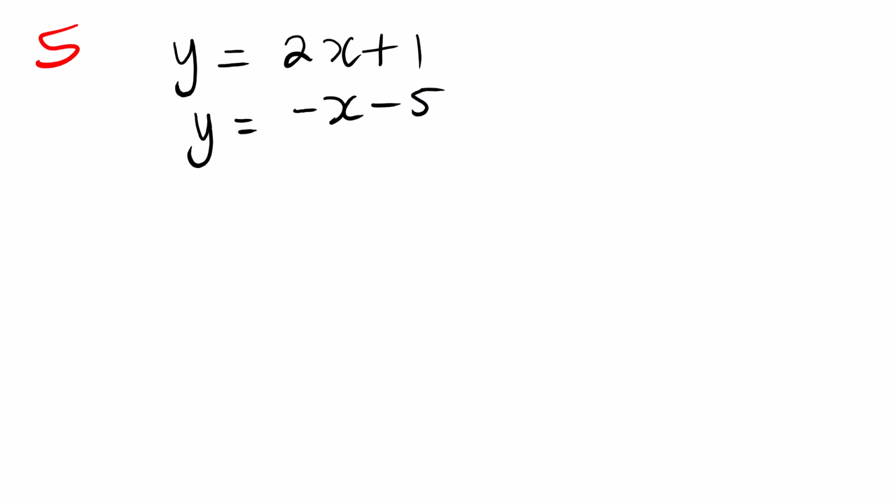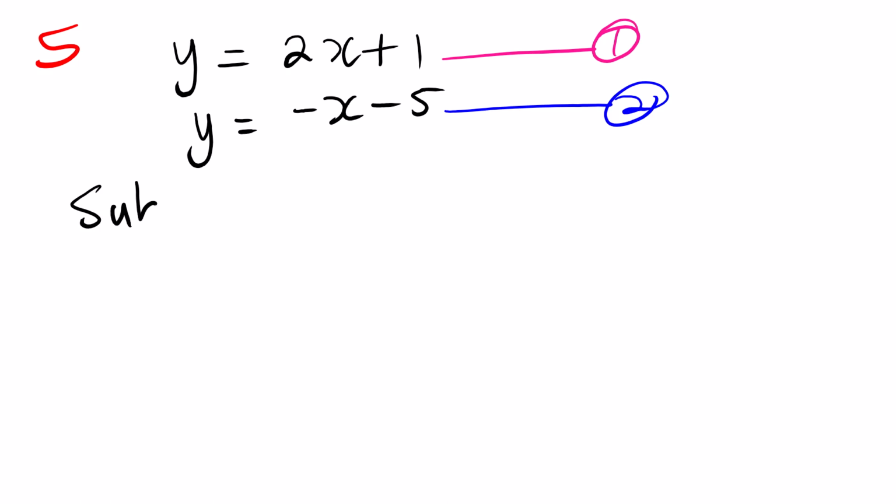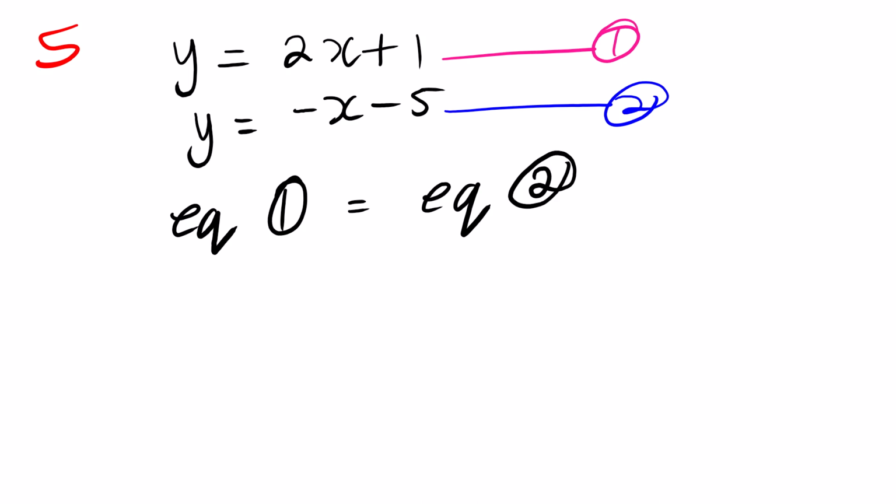Our next example, this is equation 1. This will be equation 2. Now, as you can see that both of these equations are equated to y. So it's simple. We can simply equate the equations. But following our procedure, we can simply write equation 1 is equals to equation 2.